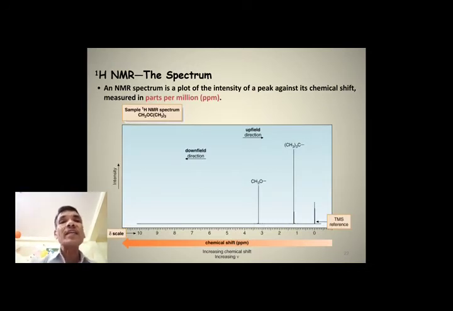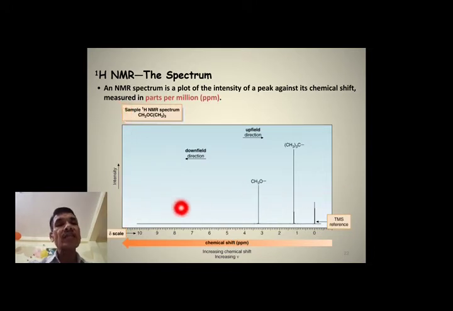In H1 NMR, the spectrum observed is as shown in the following figure. An NMR spectrum is a plot of the intensity of a peak against its chemical shift. That means along this y-axis, intensity of the peak is shown.